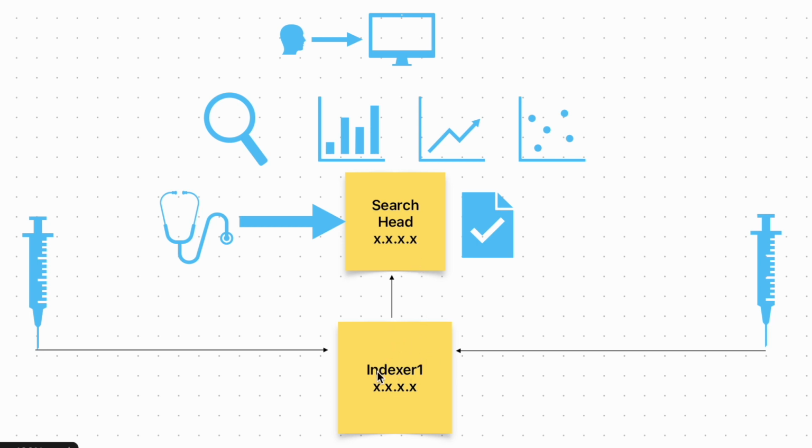We will install Splunk on one machine, and then the search head on another machine. We assign the indexer as a search peer to the search head, and then on the search head we can assign other roles like monitoring console.